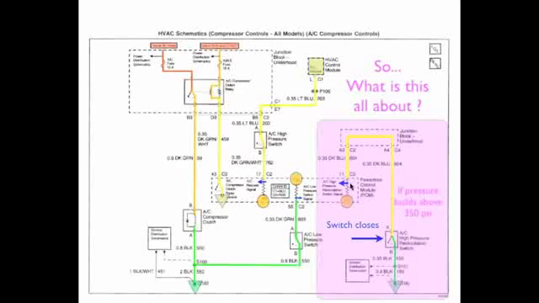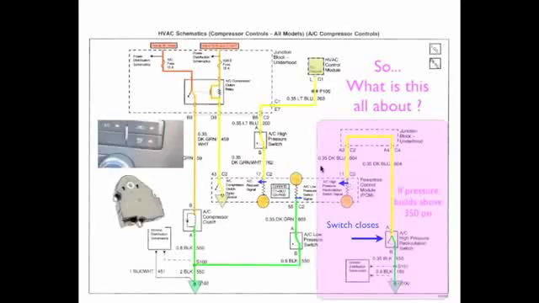You'll see this circuit when you have automatic temperature control, because the PCM then can open and close the recirculation door as it sees pressure building. So it's just like if you were to manually push the recirculation door because you wanted to have the air from the cab go through the air conditioner instead of just the outside air. And then it's going to use an actuator motor to close the door on the recirculation.